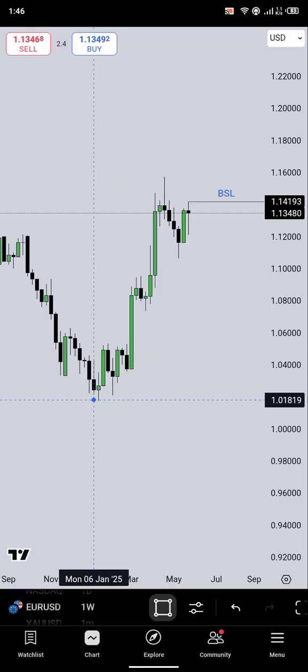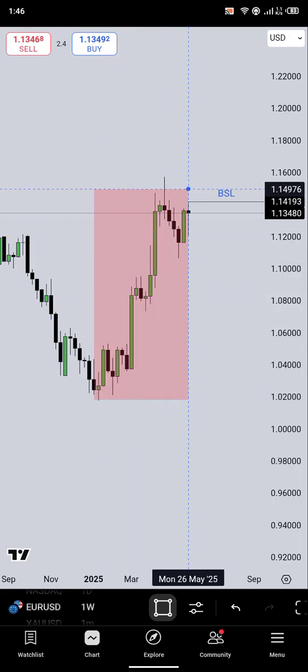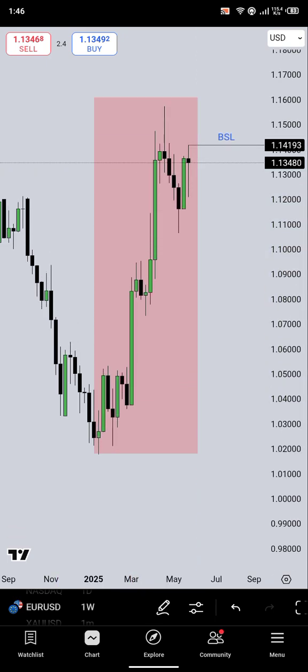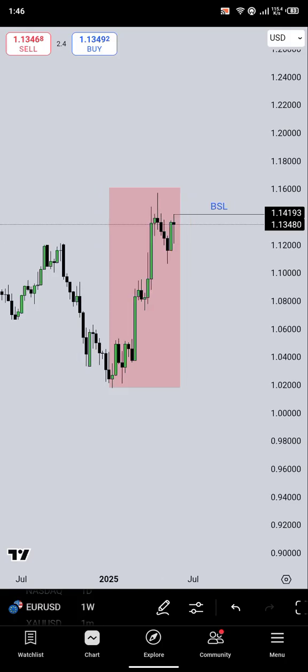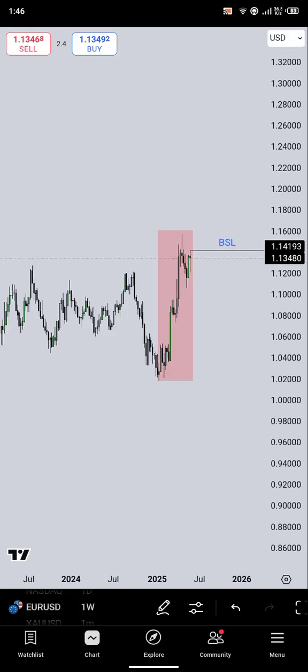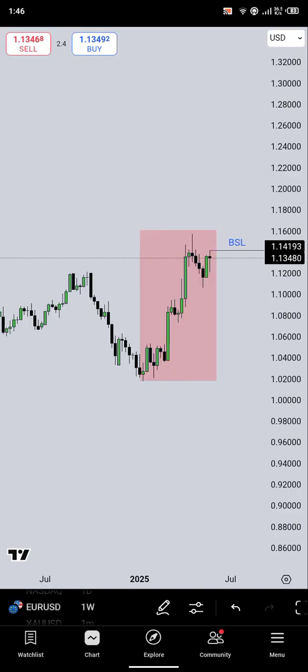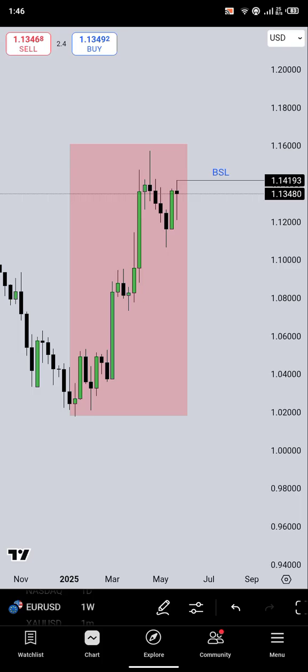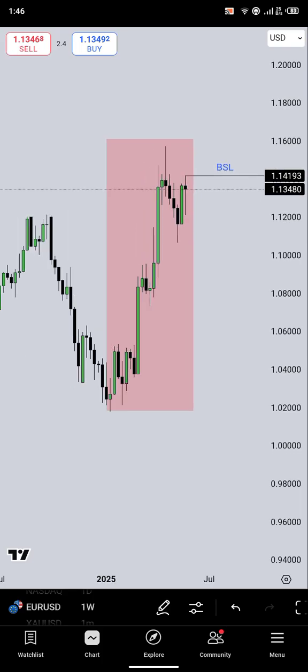Look at these massive candles. So just from this range here, from here to here, we see that for the past weeks, Euro USD has been bullish.